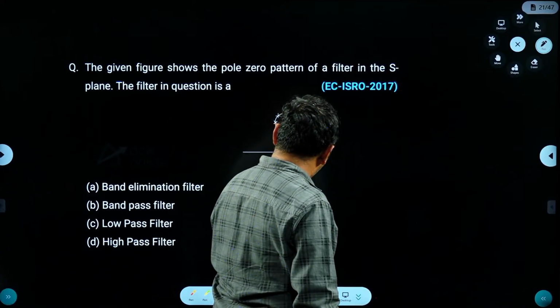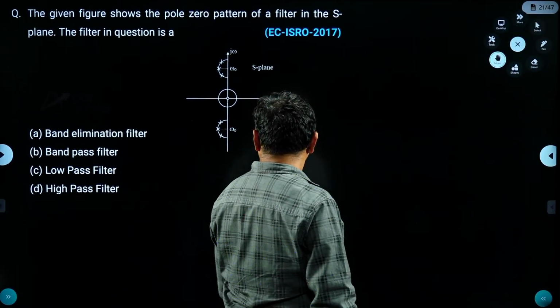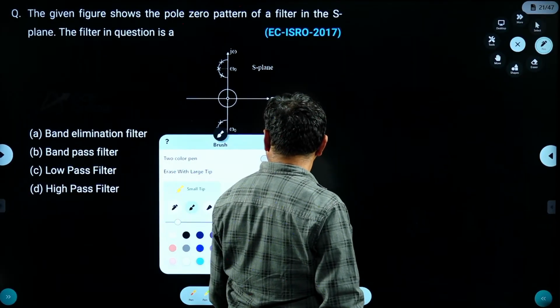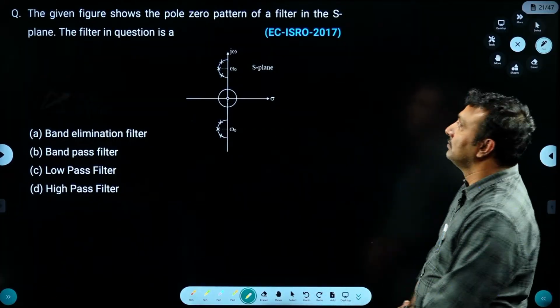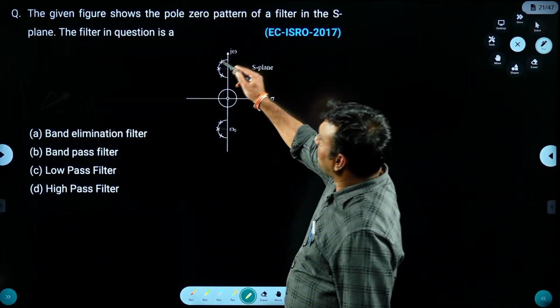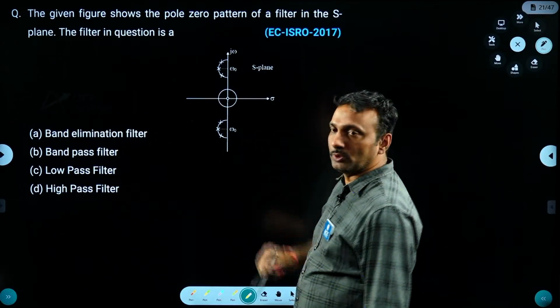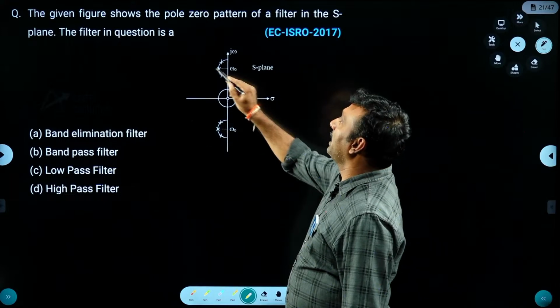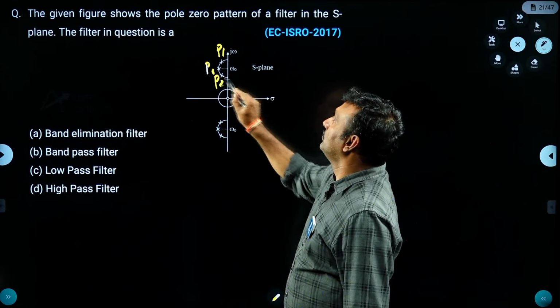So this is one more example that was asked. Some pole zero plot is given. It corresponds to which type of filter? So we have complex poles, but one 0 is there. Here also complex poles. Assume them like P0, P1, P2.